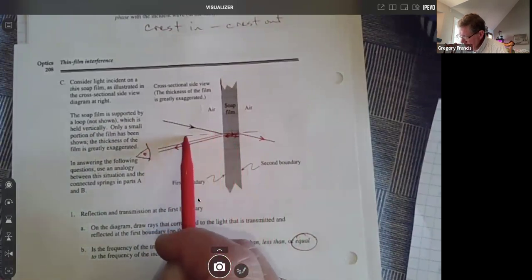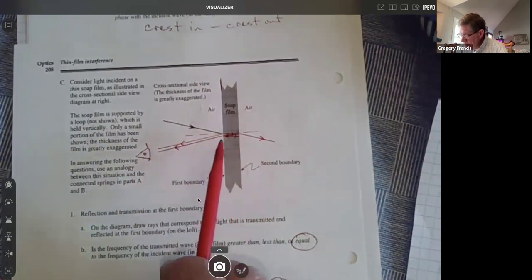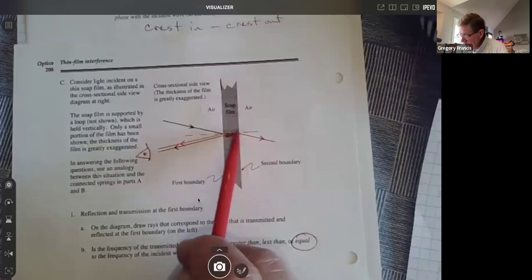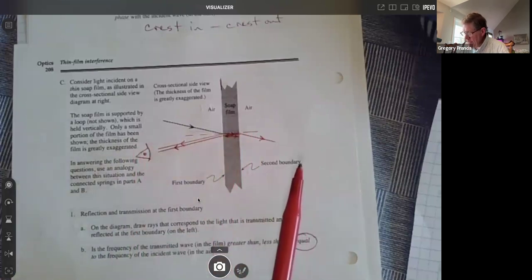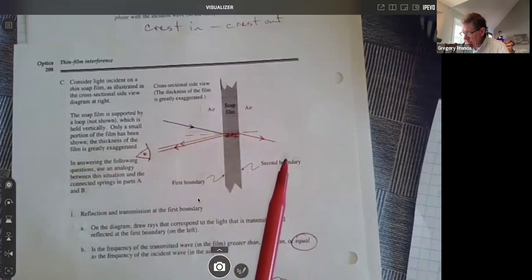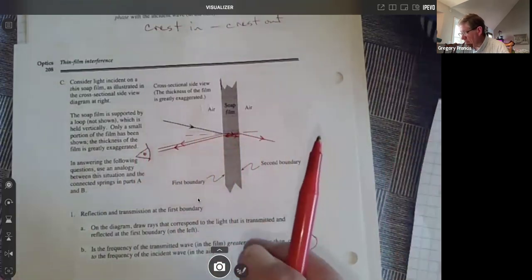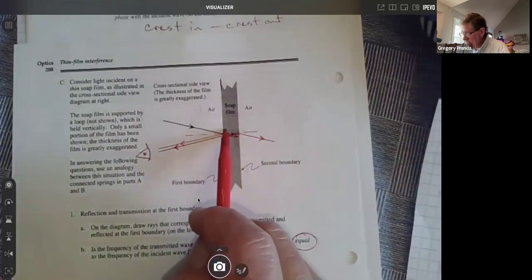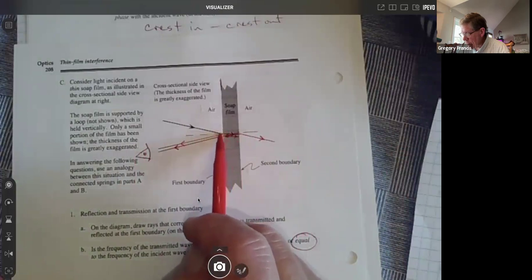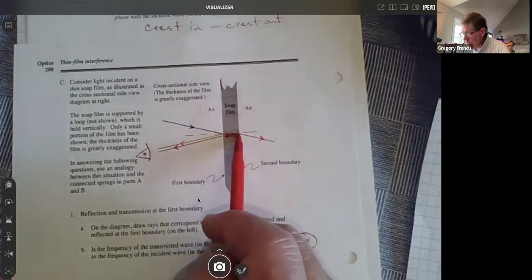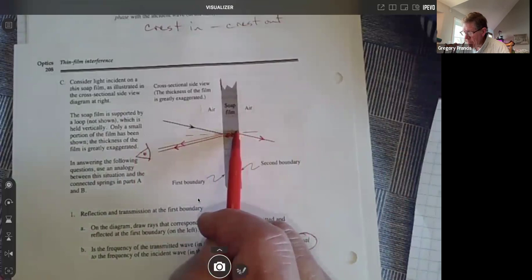If I came in at normal incidence, everything would stay at normal incidence. Everything would just bounce back and forth and come out at normal incidence. But we would still have the same phase shift on the first surface and no phase shift on the second reflection here.